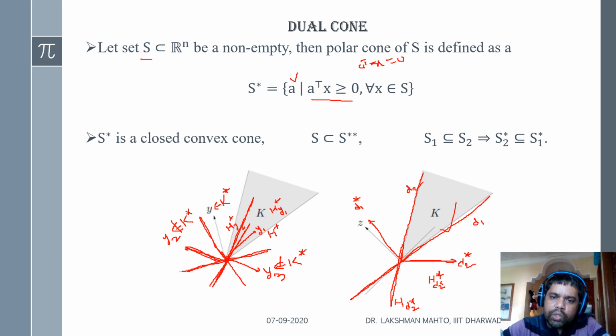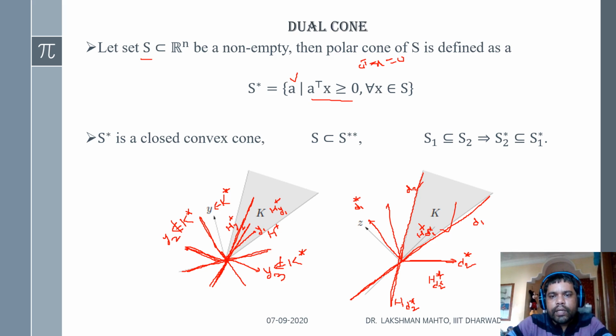So this one would be the hyperplane. With respect to this hyperplane also, we can see that K lies in the positive half space, H plus, with respect to d1 star.